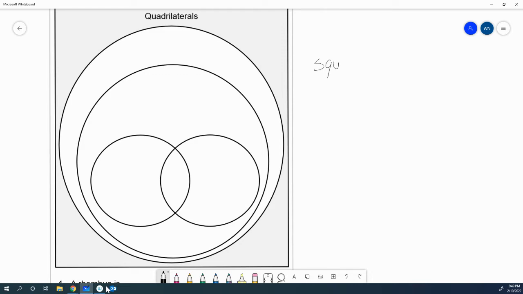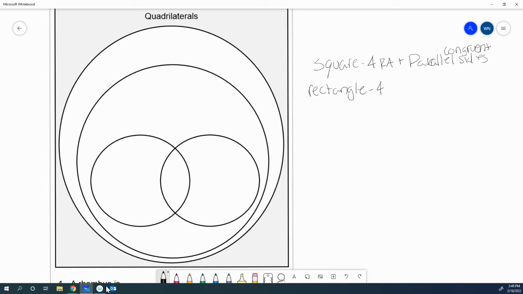We know that we want to include square, and we know that that has 4 right angles and parallel sides. Okay, we also want to include rectangle. Oh, we need to note that those are also congruent. Remember, congruent means equal.